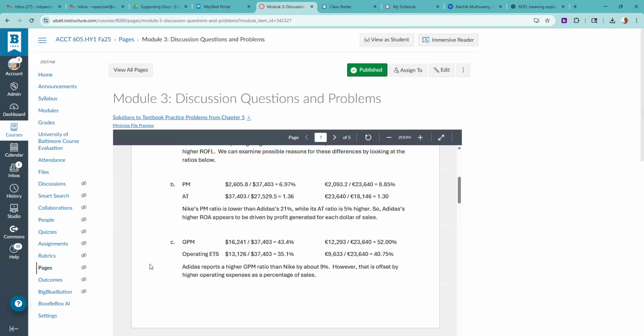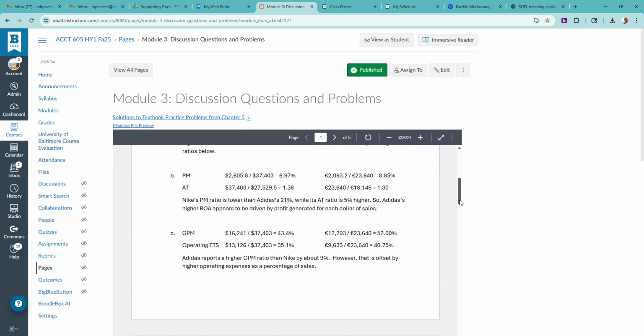They're just taking total selling and administrative expenses as the measure of operating expenses, which is 13,126 for Nike in 2020 and, I'm sorry, 9,633 for Adidas. And you could see that with respect to operating expenses, actually, Adidas does a little bit worse.